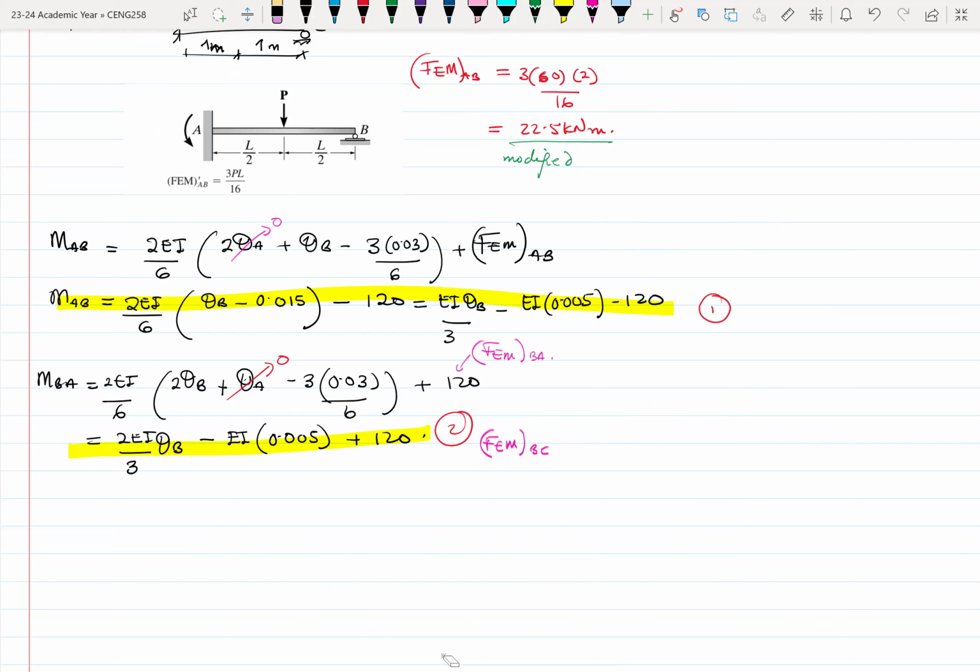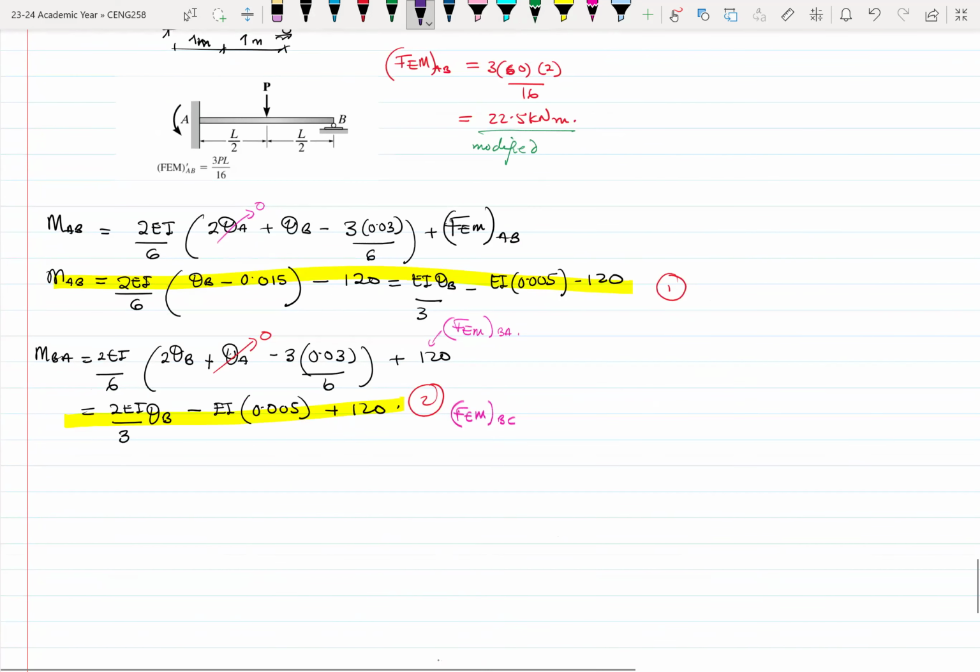So these are what we have, MAB, MBA. Now, when it comes to MBC, let me just write that one out. Because we are taking advantage of the fact that one end is pinned, what we were using is that MNF is equal to 2EI over L times 2 theta N plus theta F minus 3 psi, plus the fixed end moments.